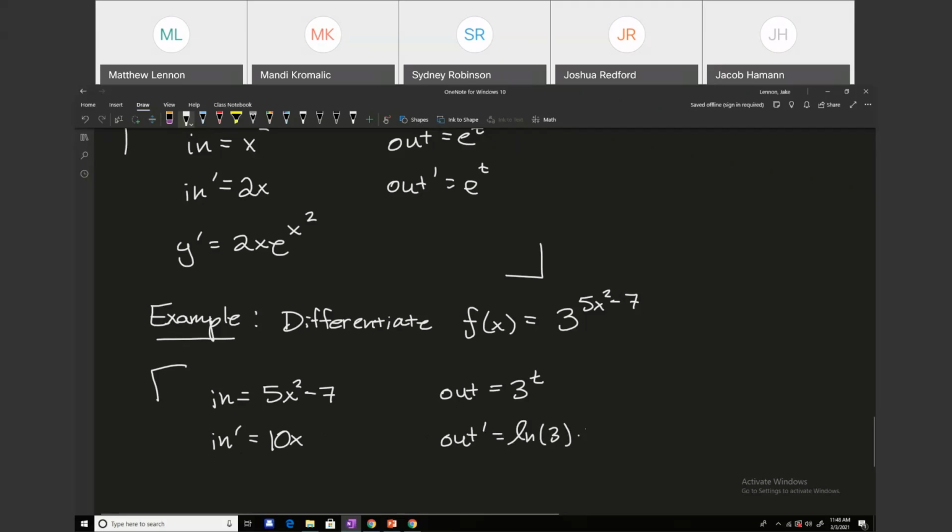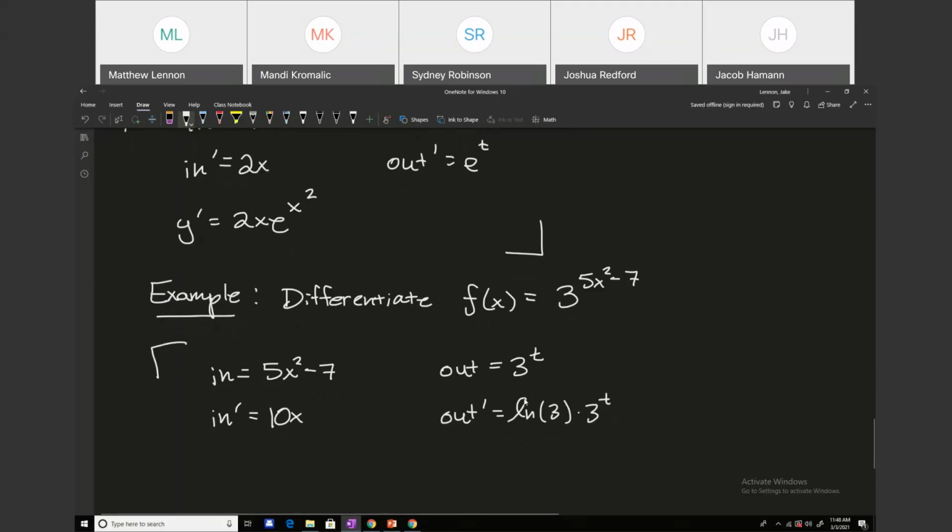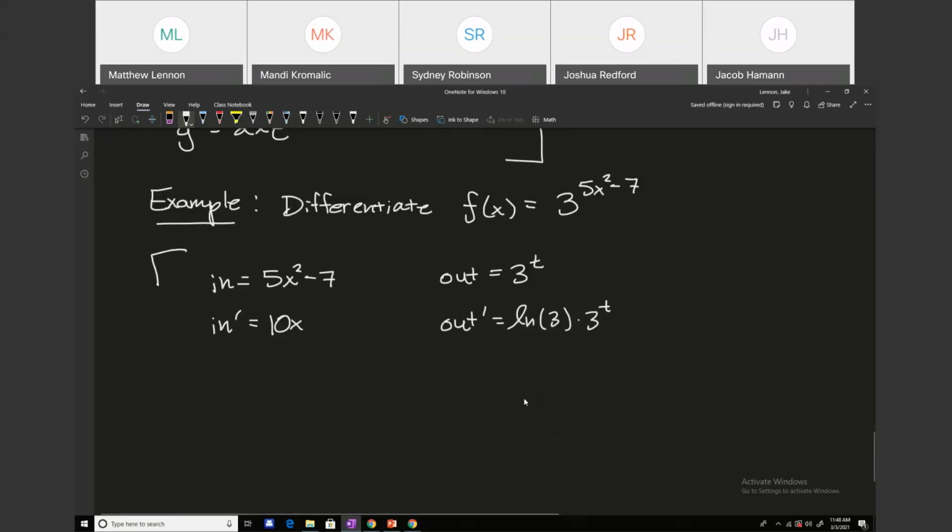So that's maybe the derivative formula we encounter the least frequently, the simple one. The exponential of the form a to the x. So remember, that's just the natural log of a times a to the x. So if you forget, go ahead and look that one back up and try and remember it for next time. But once you've got the setup complete, everything's pretty easy.